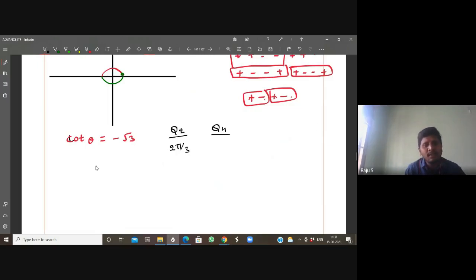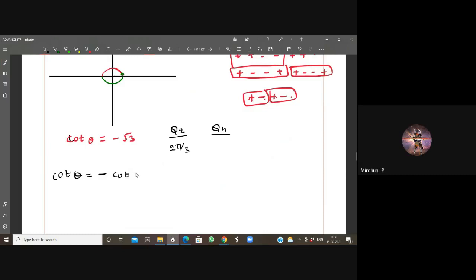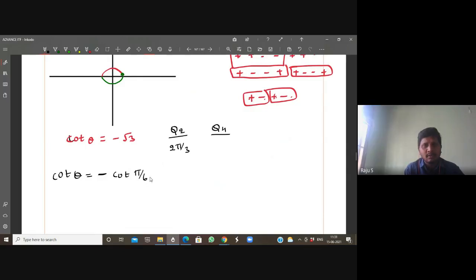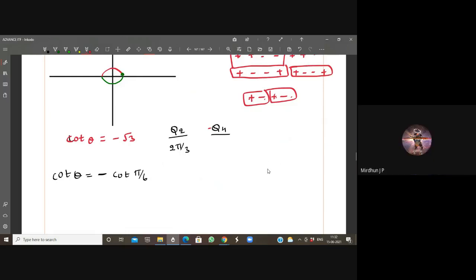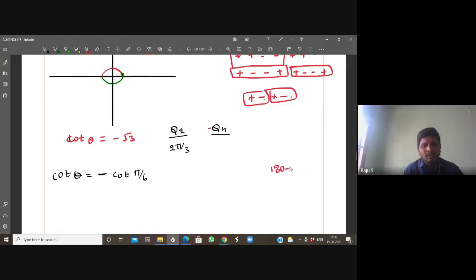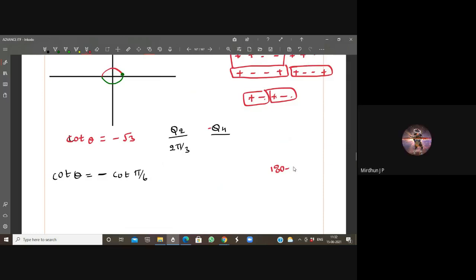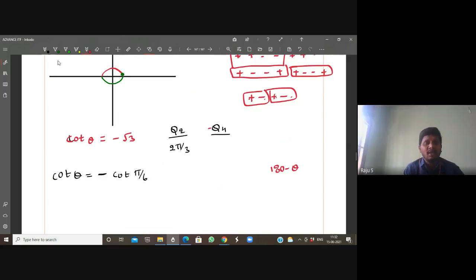So what to do? Very simple. I'm simplifying it the easiest way. Cot theta is equal to minus root 3. Whenever you have a negative value, take the root 3 value in the first quadrant: cot 30, which is pi by 6. Since cot is negative in the second and fourth quadrants, what are the angles in the second quadrant? 180 minus theta.